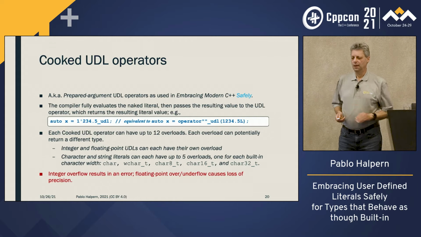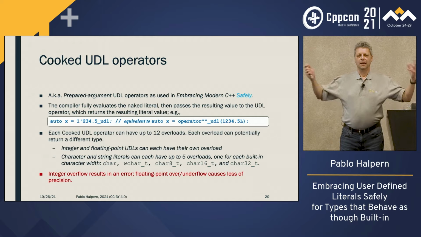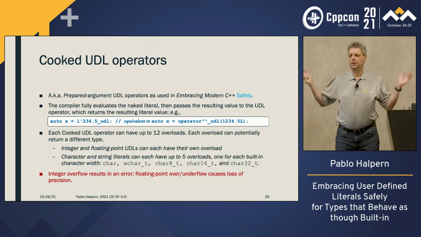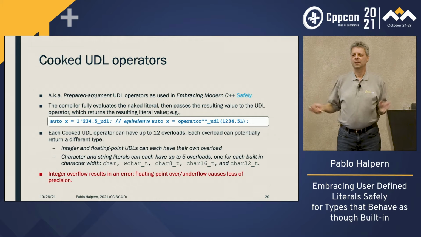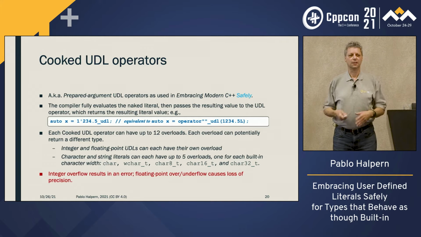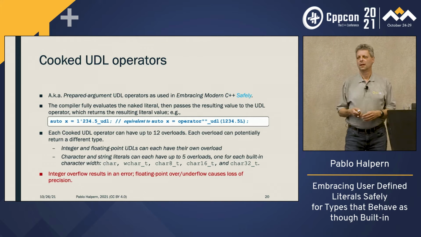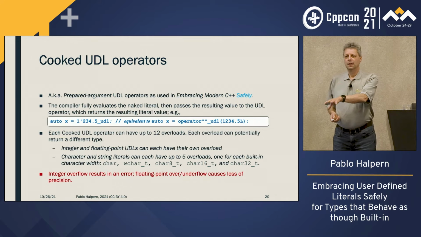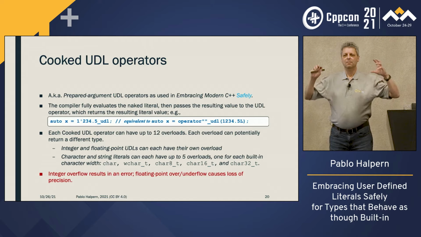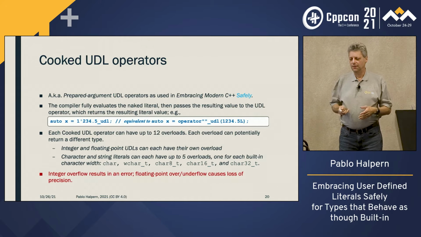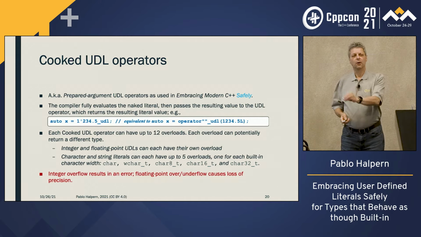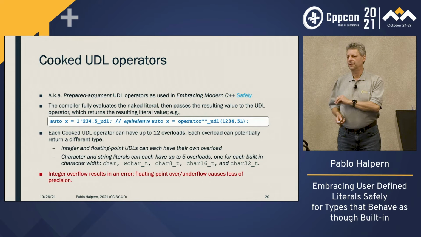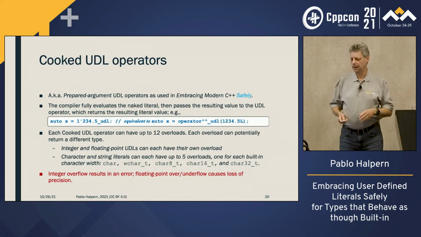So in the book, I call these prepared argument UDLs. After more Googling, even though I did Google it at first, I found that there's beginning to be a consensus around the term cooked. And so I'm going to be using that from now on. The compiler evaluates the meaning, the value of the naked literal before passing it to the UDL. So it does all the heavy lifting for you. You just have to take that value and do something interesting with it.